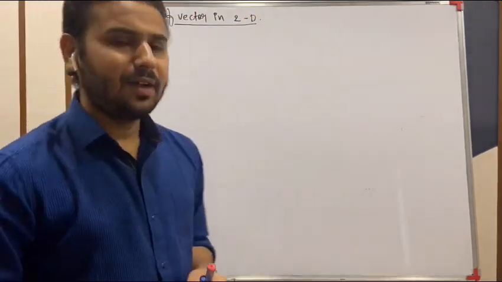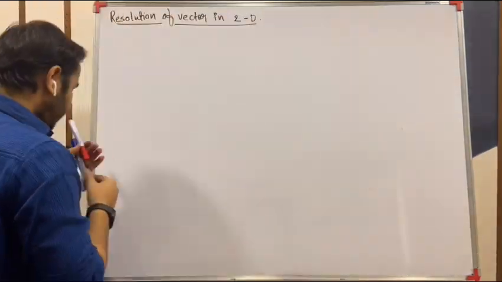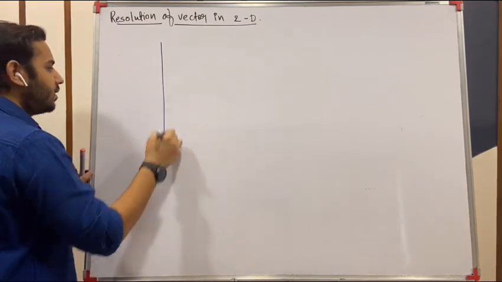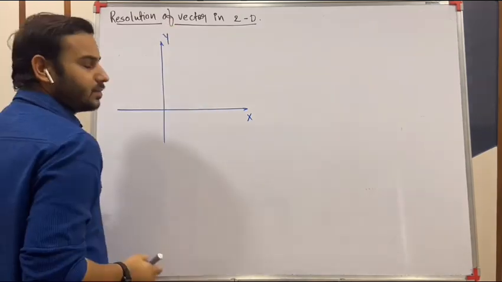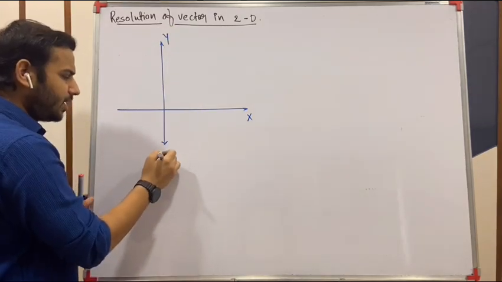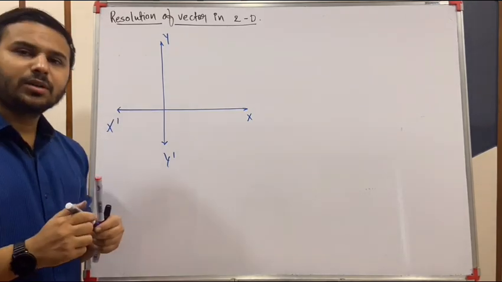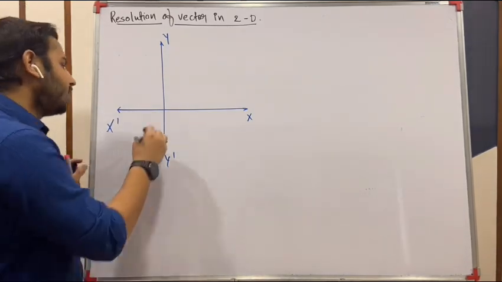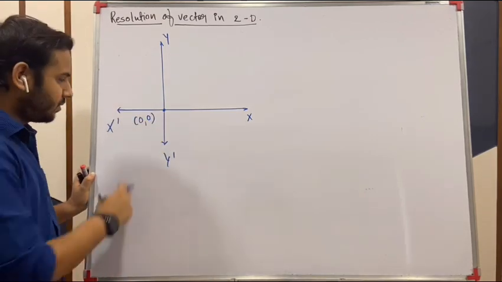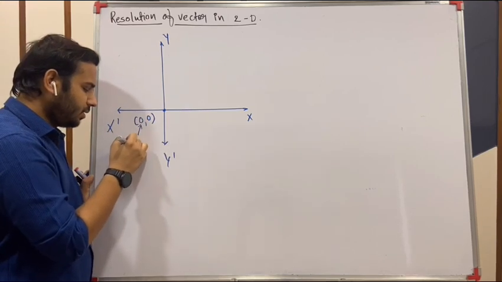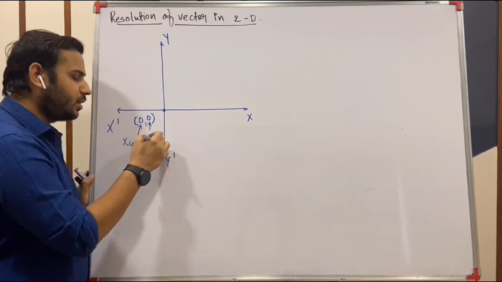Okay, after that we are going to discuss for 3 dimension also. Say this is x-axis and this is y-axis. Okay, negative y, negative x. Okay, you must know what coordinate geometry is. This point is say 0, 0. First is called x coordinate and this is called y coordinate.